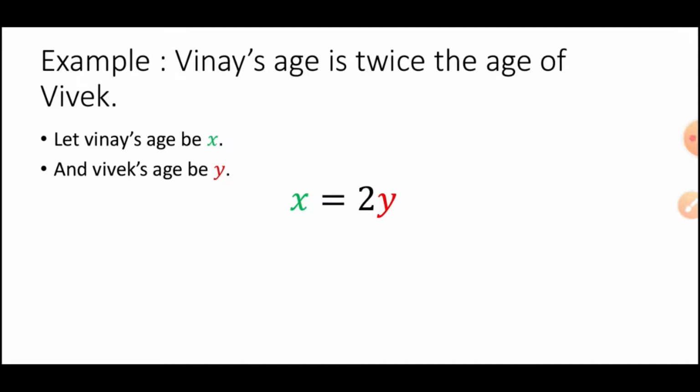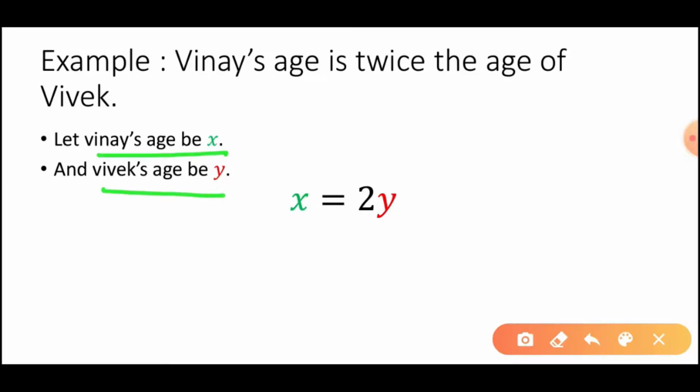So how are linear equations in two variables defined? Let us take one example in which it is given Vinay's age is twice the age of Vivek. So let Vinay's age be x and let Vivek's age be y.